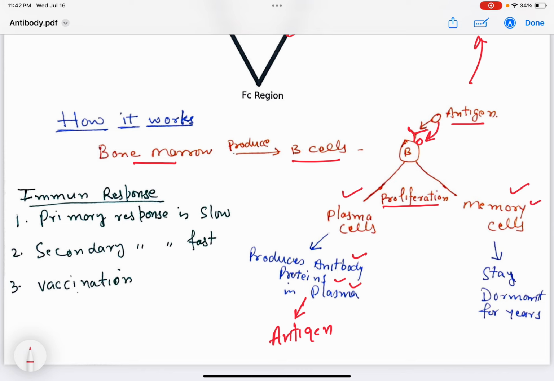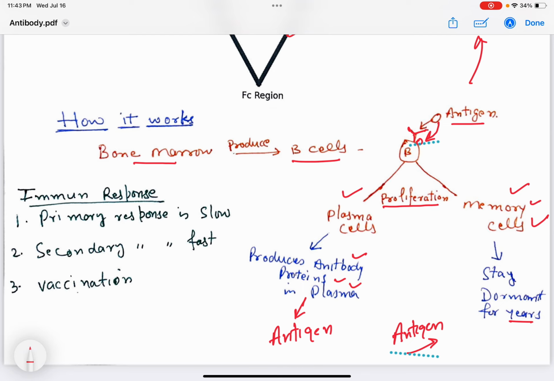But the memory cells stay dormant for years, and the next time a similar infection or antigen occurs, these memory cells quickly get activated and produce antibodies and kill this infection quickly. Okay, so that's the process.